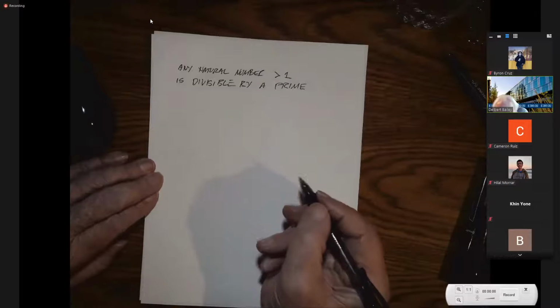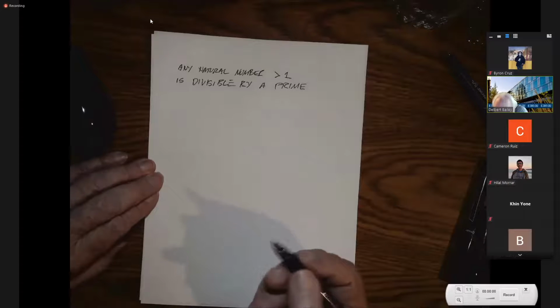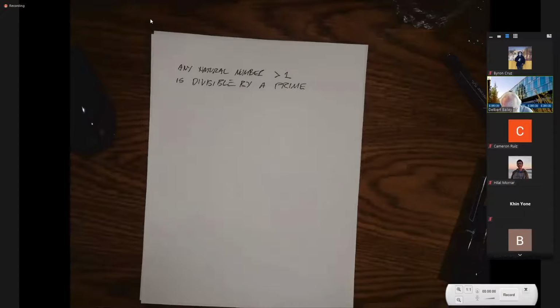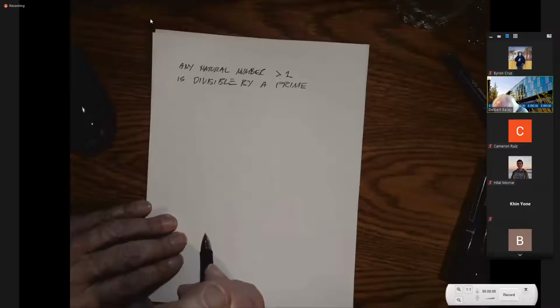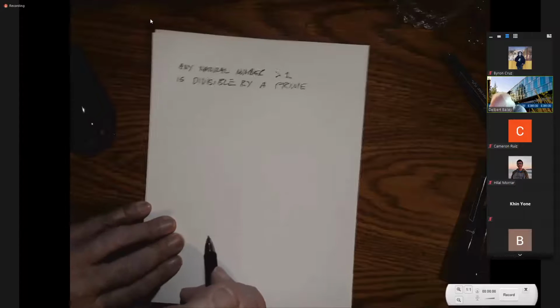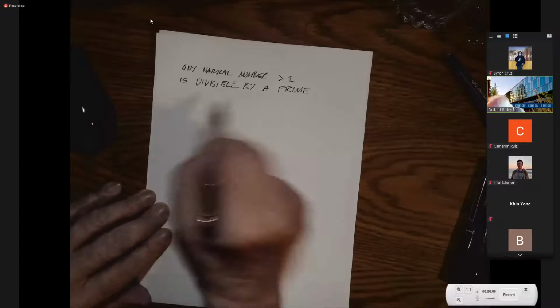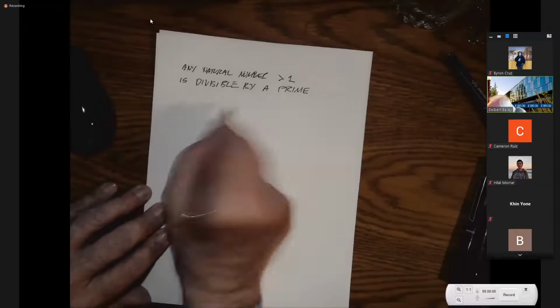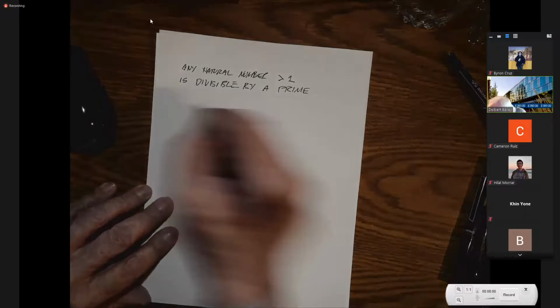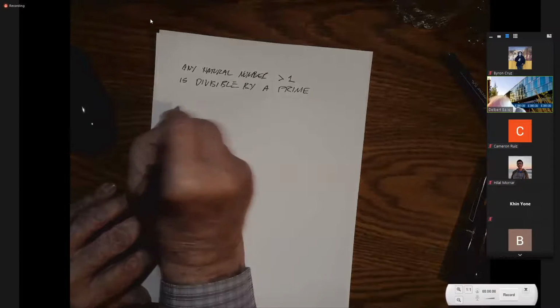Okay, so again, we need a base case. And so let's see, we're using this as n, then our case is this statement.